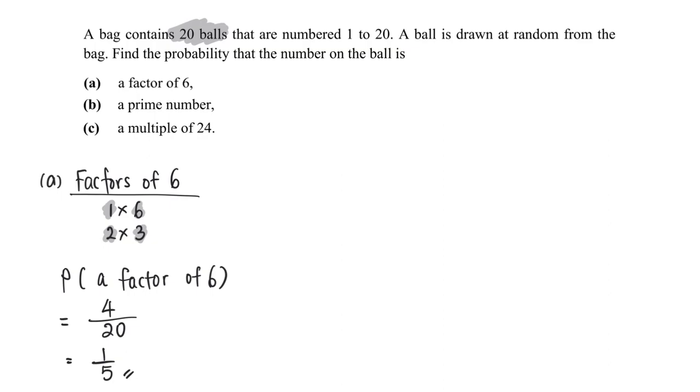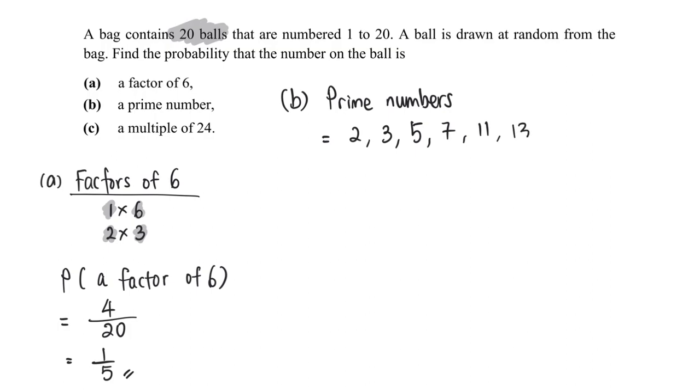For part B, it is a prime number, so for prime numbers, please remember the first few prime numbers. Okay, the first few prime numbers before 20 will start from 2, 3, 5, 7, 8, 9 cannot, 11, 13, 17, and 19.